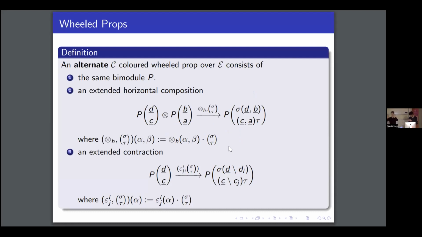So we place two graphs side by side, and then we permute them for the horizontal composition, and a similar thing for the contraction operation. It's straightforward to see that this alternate definition is equivalent because this action of the bimodule was always present in the previous definition. We've just expanded our set of generators and increased the number of operations we can generate via a single extended composition.